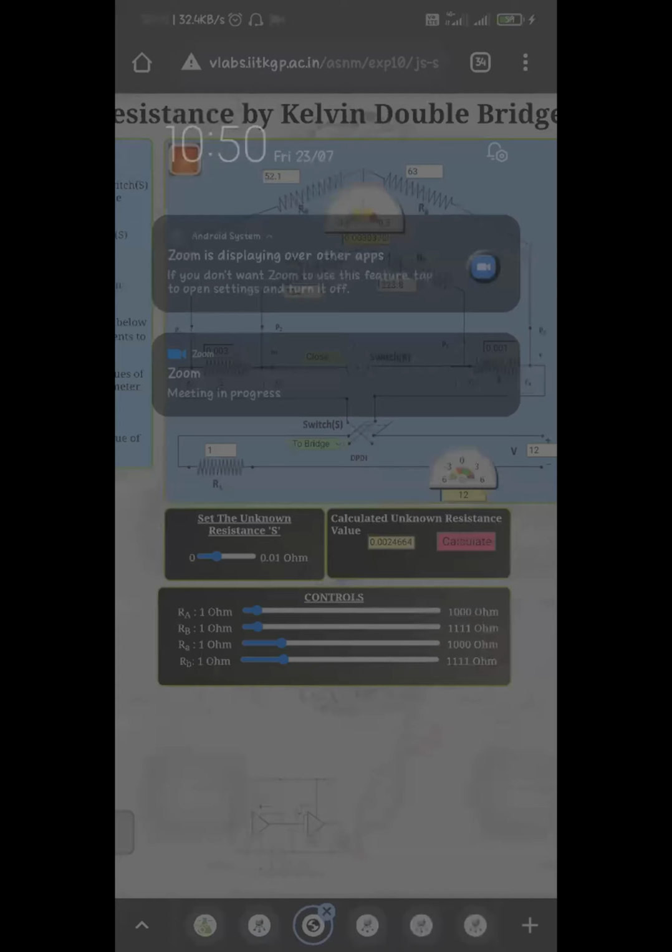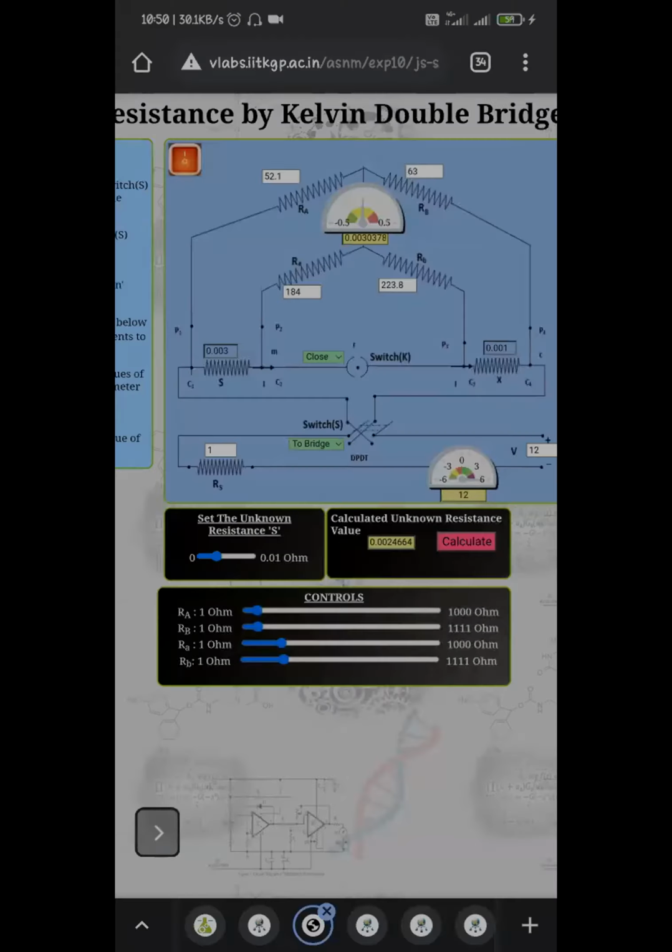It is not showing. Just share your screen.